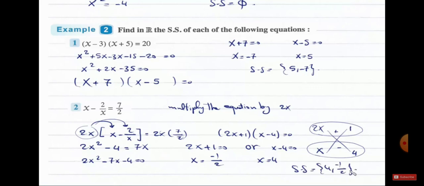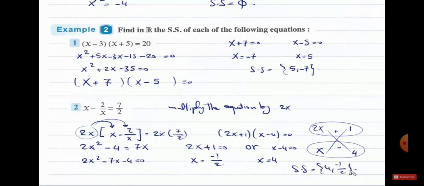Then x by 2x equals 2x², minus 2/x by 2x equals 4, and 7/2 by 2x equals 7x.